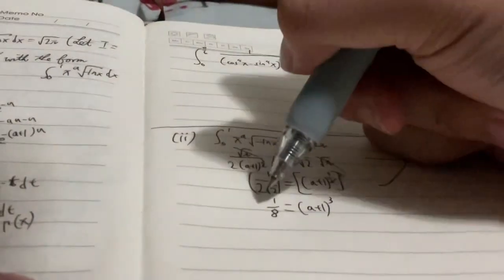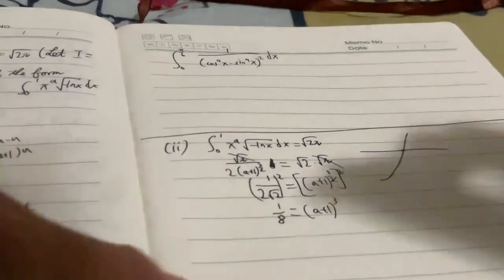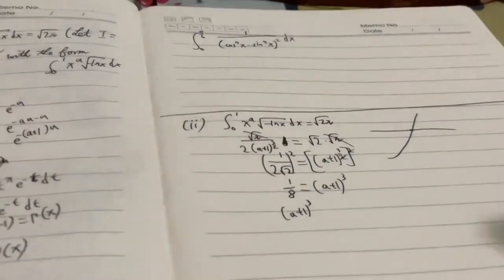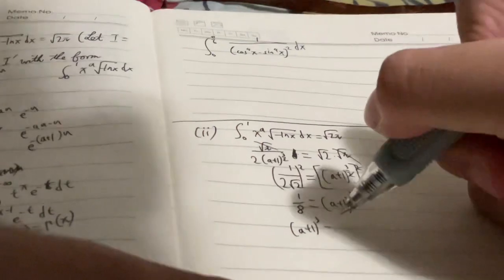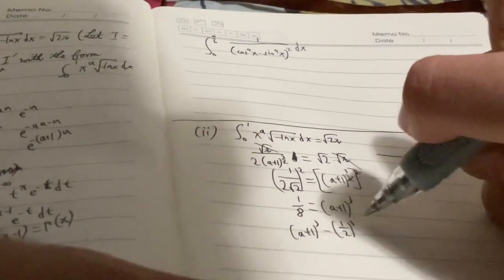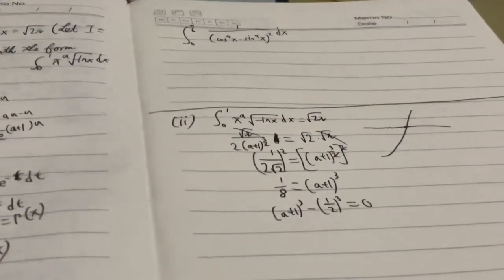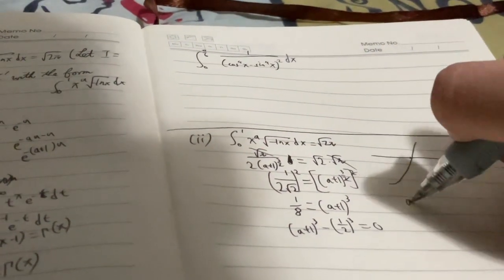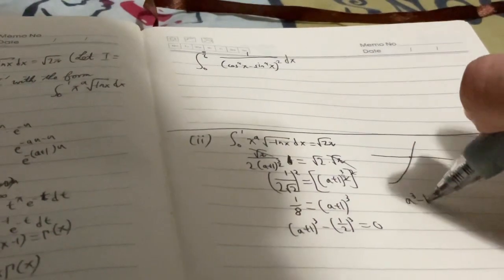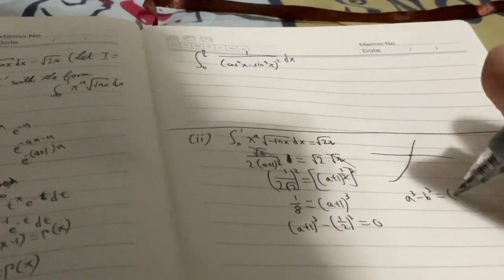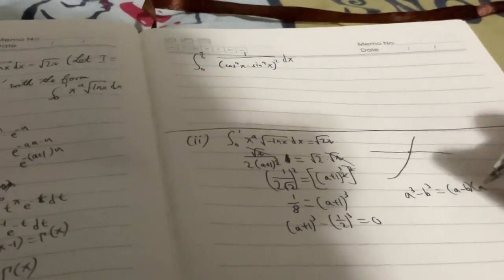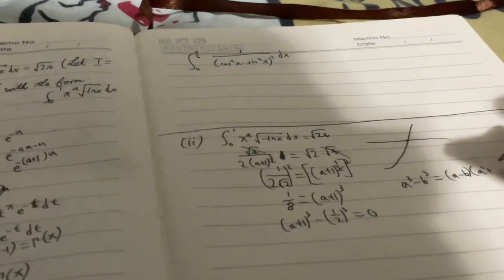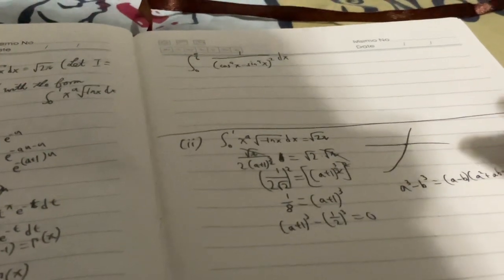So far, move this to the right-hand side. (a plus 1) to the power of 3 minus, I'm going to write this as (1 over 2) to the power of 3, is equal to 0. And then we're going to factor it like this. Use the formula a cubed minus b cubed is equal to (a minus b) times (a squared plus ab plus b squared).